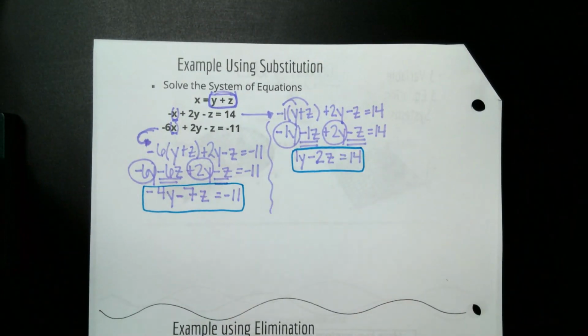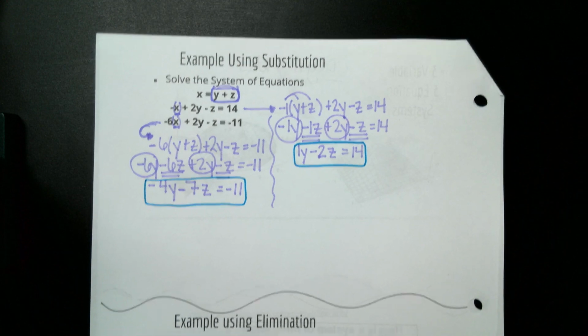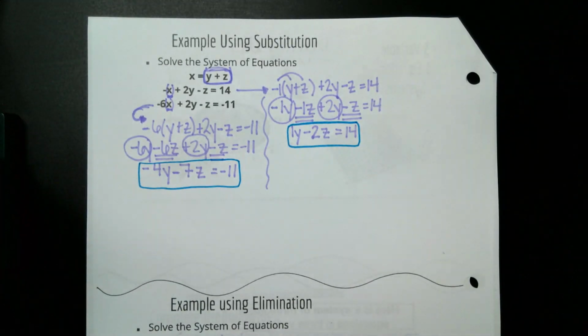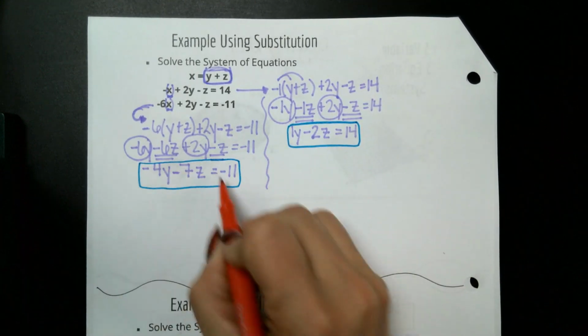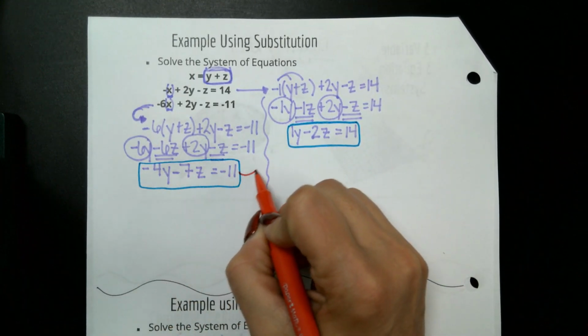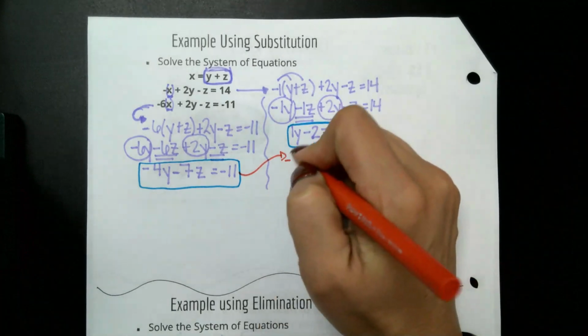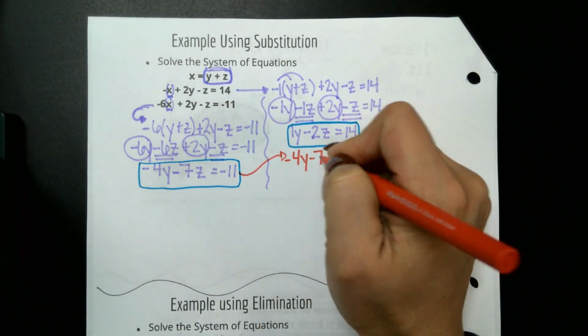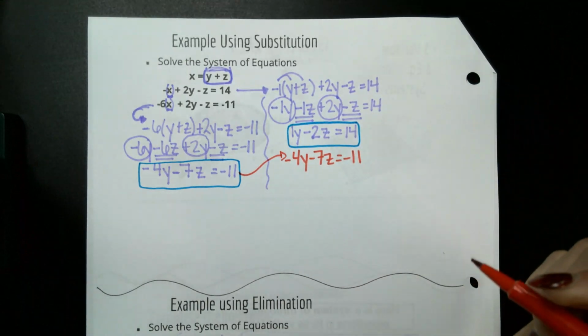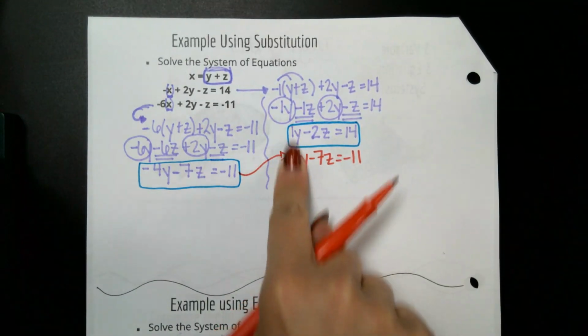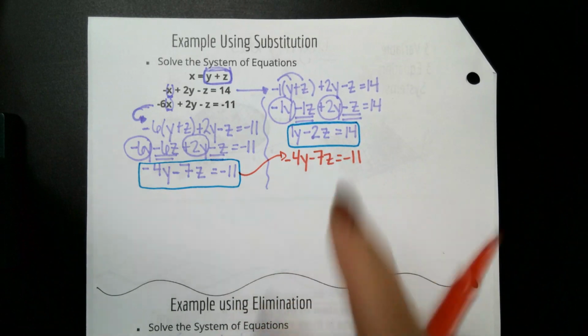It's really important on these problems to be as neat and organized as you can be. I'm going to bring this one over here, and I'm just going to line these up with each other. And then we need to come up with a plan to get either these two y's or these two z's to cancel.